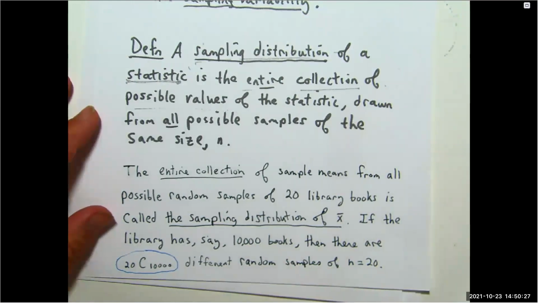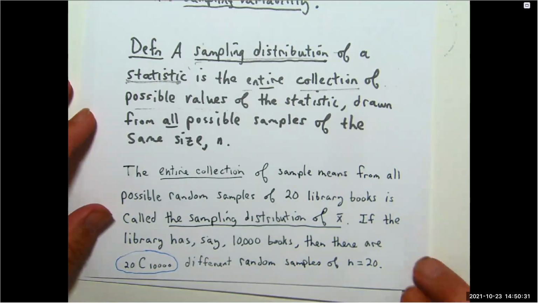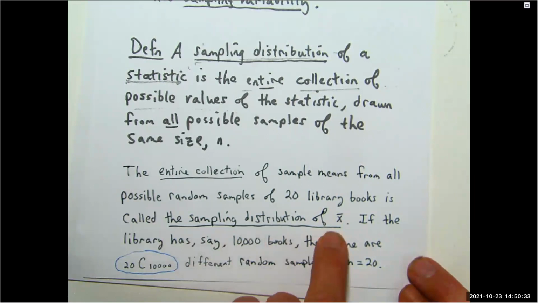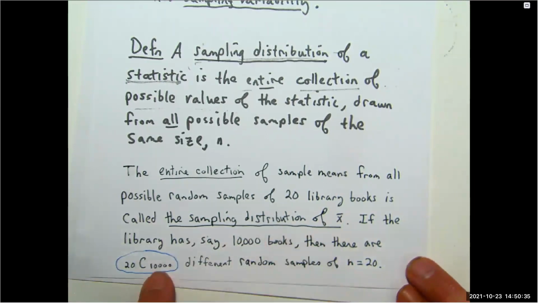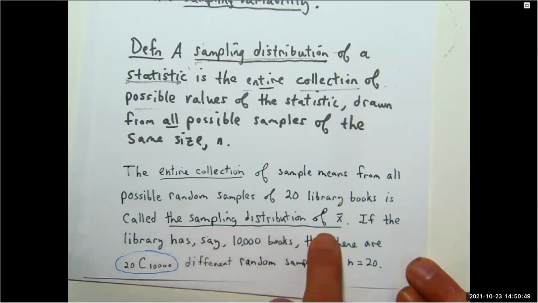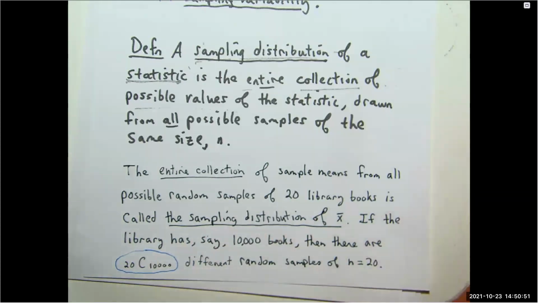But the point that I'm trying to drive home here is that this is your first example of a sampling distribution of X bar. If we had all of the different random samples and all of the different values of the mean that came from those samples, that list of sample means would make up this sampling distribution of X bar.